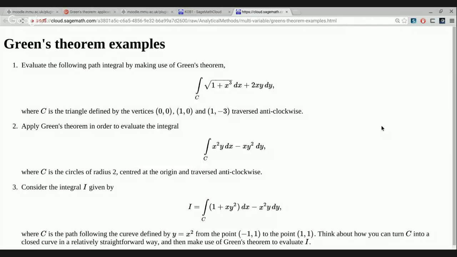Because even if the original path isn't a closed one, there's nothing to stop us closing it in some nice straightforward way, then getting the consequence from Green's theorem, and that will allow you to relate the integral along the original curve to perhaps your more straightforward or well-chosen closure of that original curve, in this context illustrated here. Okay? And it gives you the value 2 for the original.